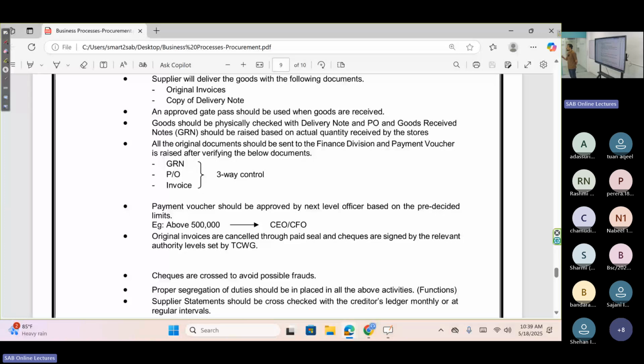So the most important control to be implemented in every organization is the approval process. Each and every voucher cannot be signed by the director.